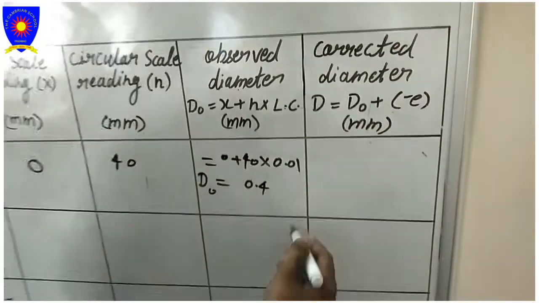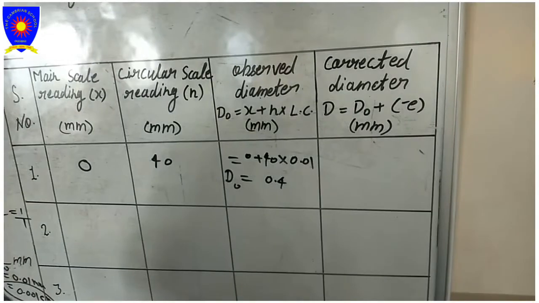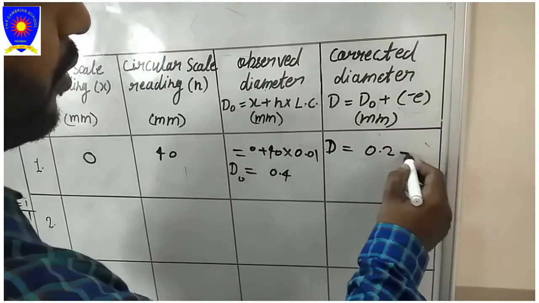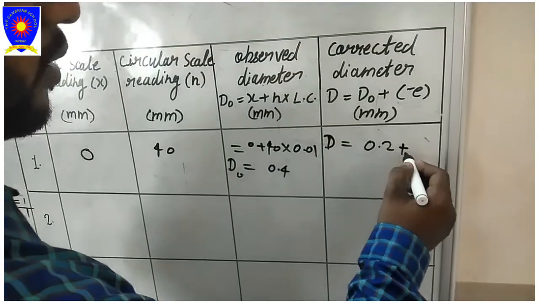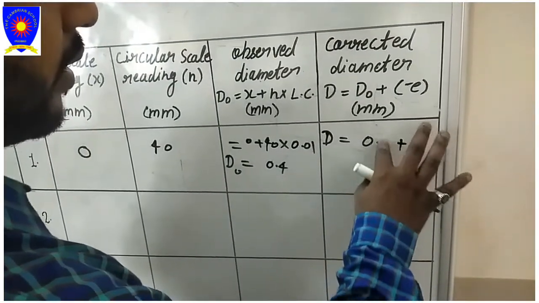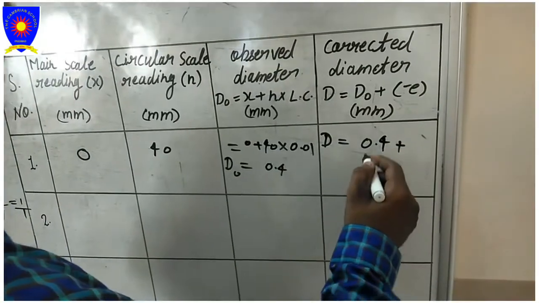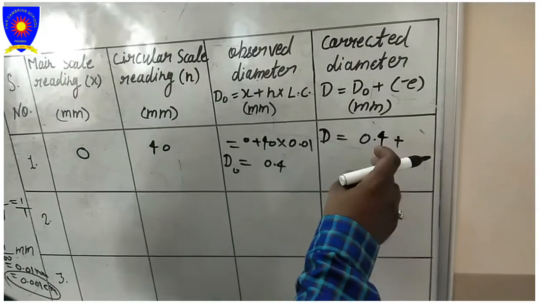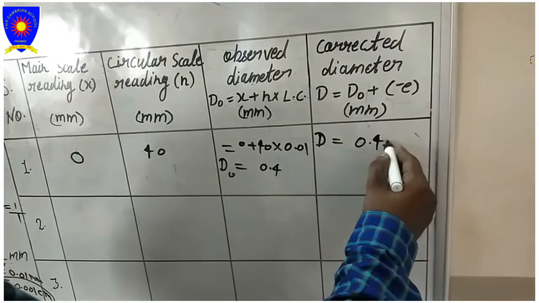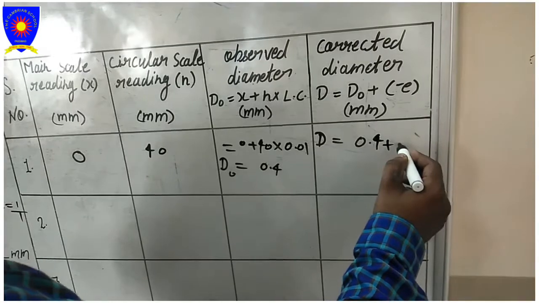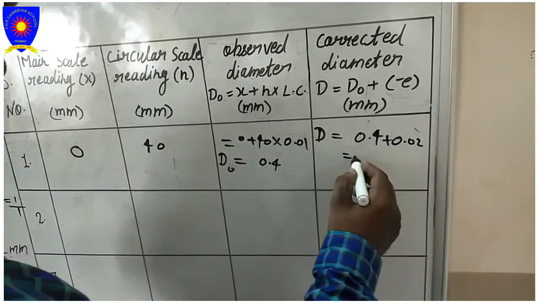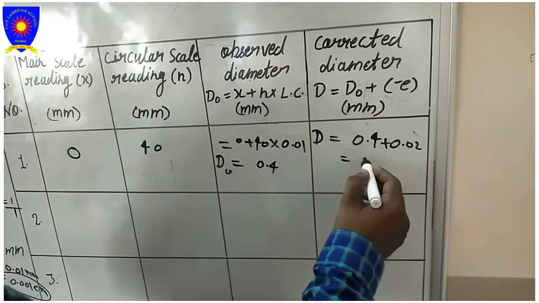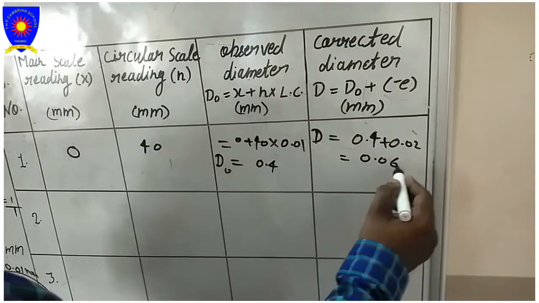So for the corrected diameter, we know that there is a negative error. So its corrected diameter capital D is equal to 0.4, minus the error. Because there is a negative error, right here it becomes plus 0.02, which is 0.06 mm.